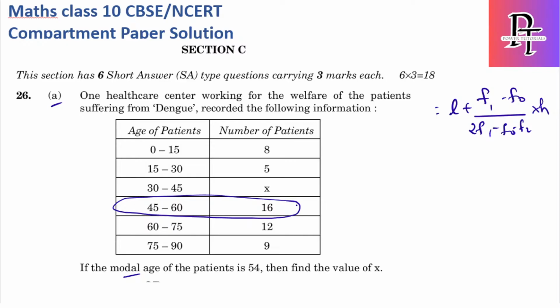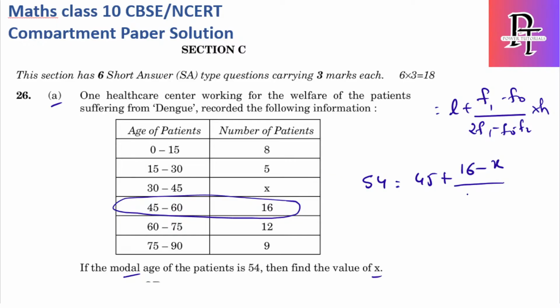You're asking the value of x here, fine. So let's solve it. 54 is equal to L value, which is 45, plus f1 is 16 minus f0. I'm assuming 16 is a higher value than x.